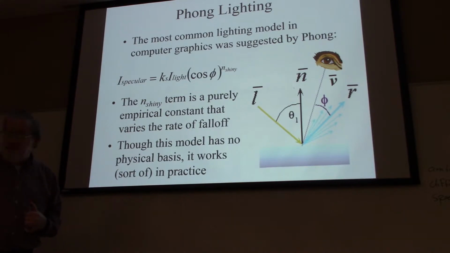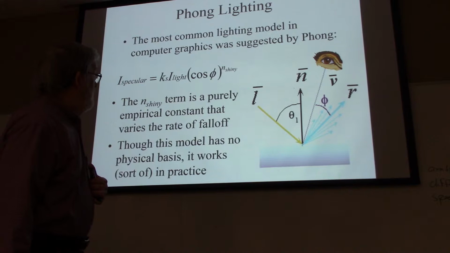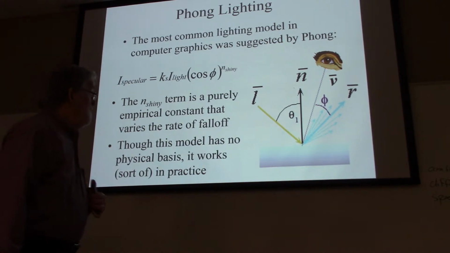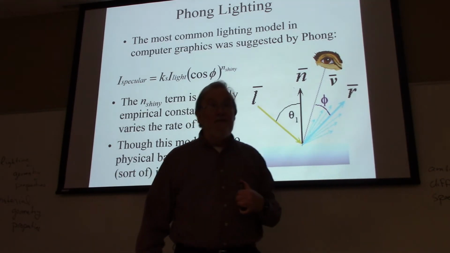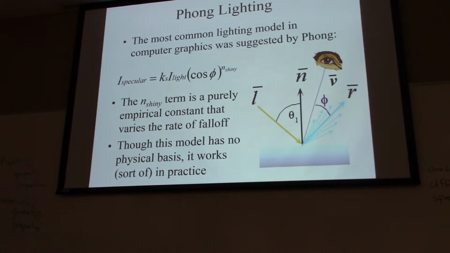Okay, that's called Phong lighting, and the math is given right here. You calculate the angle between the reflected light and the direction of the observer, and it goes as the cosine of that angle. You also can model the width of the specular reflection.